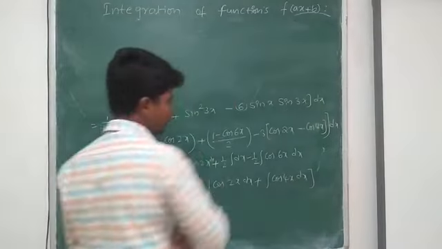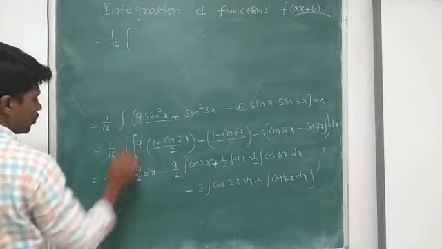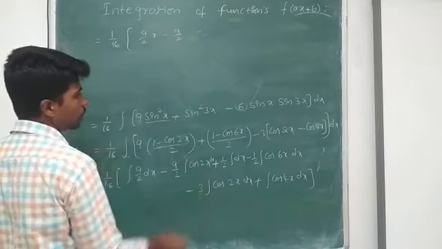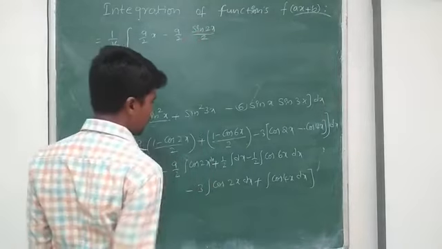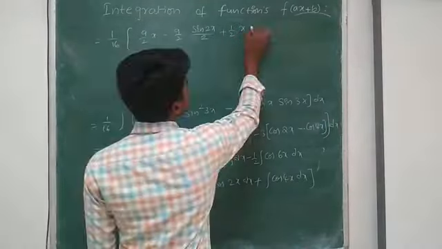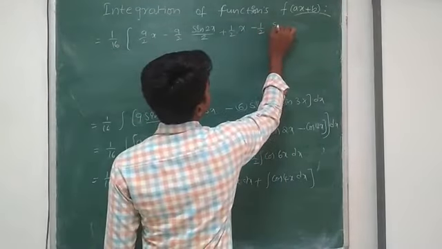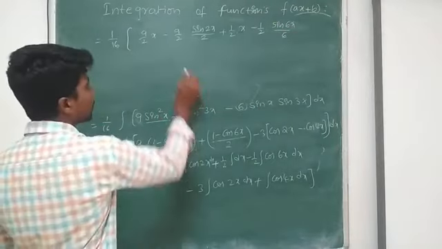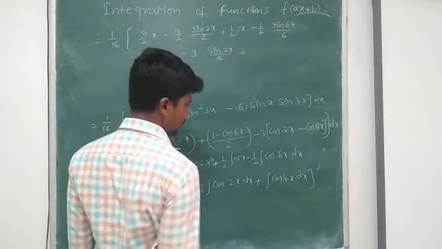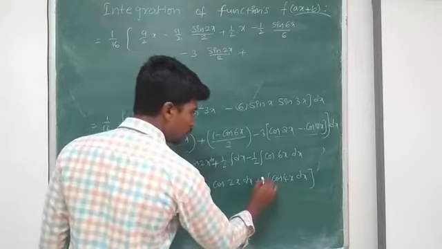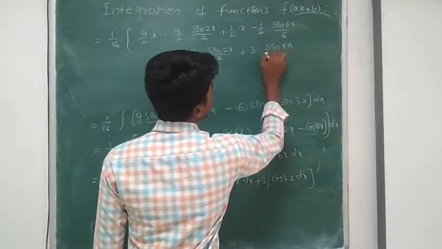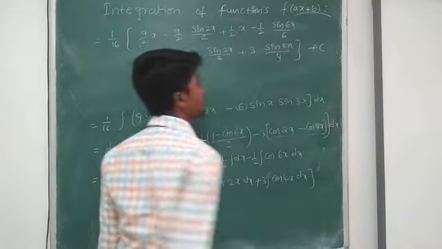Let me do the simplification, which is equal to 1 by 16 into integral 9 by 2 dx is 9 by 2 x minus 9 by 2 into integral cos 2x dx is sin 2x by 2 plus 1 by 2 into integral dx is x minus 1 by 2 into cos 6x is sin 6x by 6 minus 3 into integral cos 2x is sin 2x by 2 plus 3 is common for these two, so plus 3 into integral cos 4x is sin 4x by 4 plus arbitrary constant c.